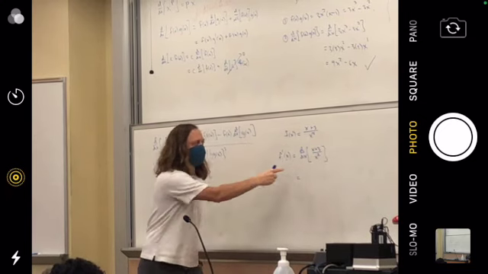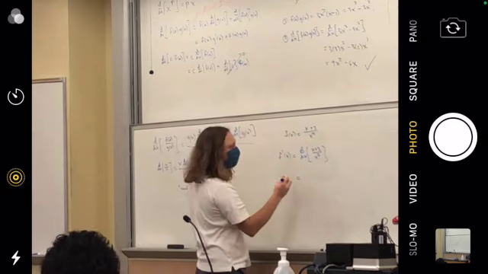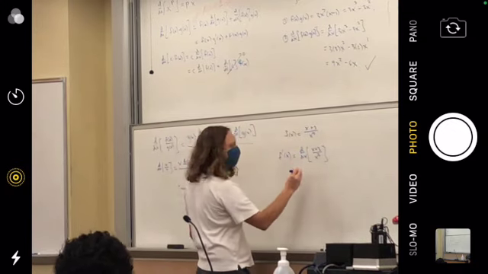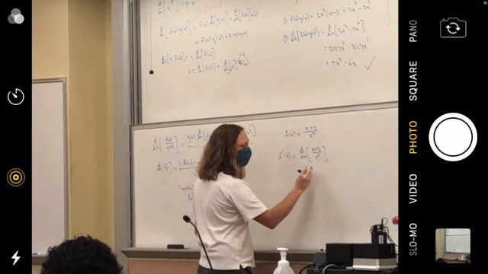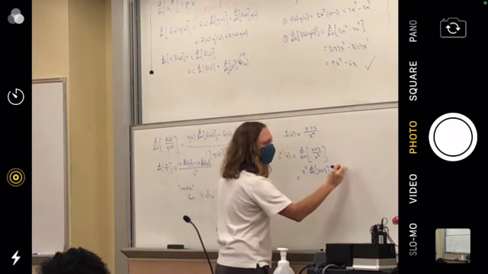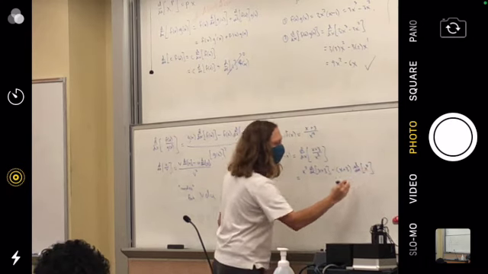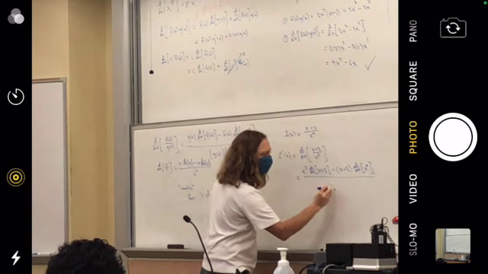My quotient rule says when I have d dx of a fraction, it would be my second part, the bottom part, x squared, times the derivative of the top, minus the top times the derivative of the bottom, all divided by the bottom part squared.